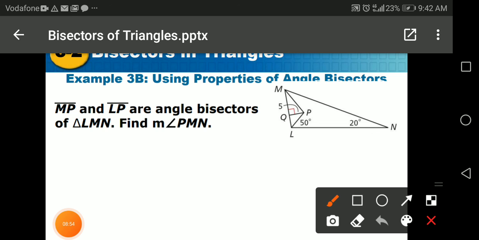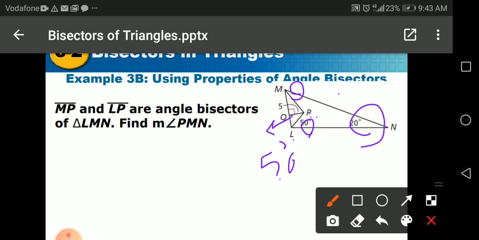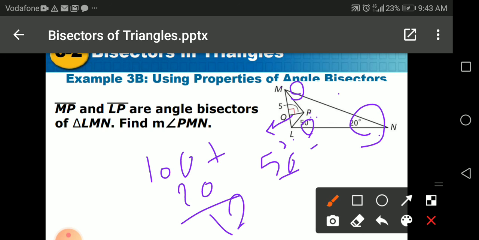Where is PMN? This one. This is 20 degrees and this is 50 degrees, and LP is a bisector, so this one gives me the same 50. You have 50 and 50, 100, and 20, so it's 120.